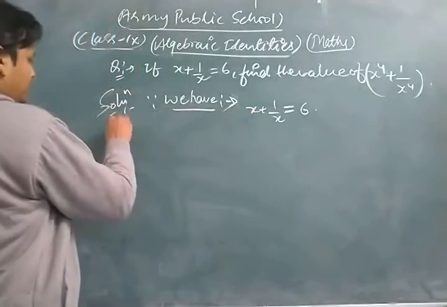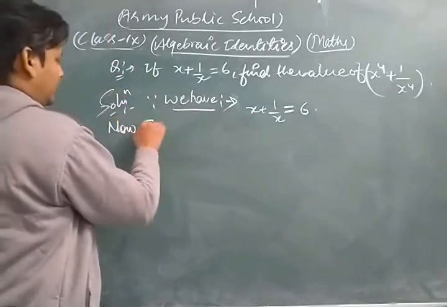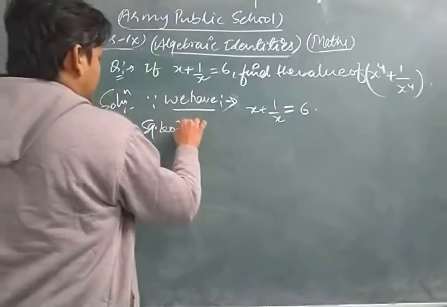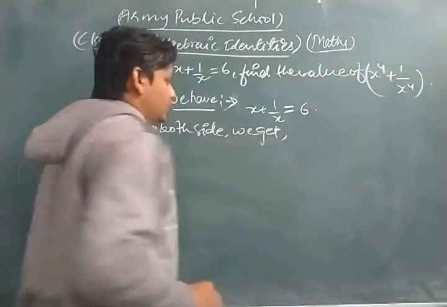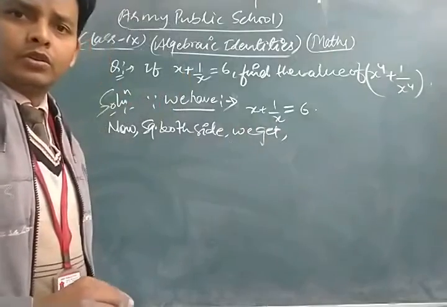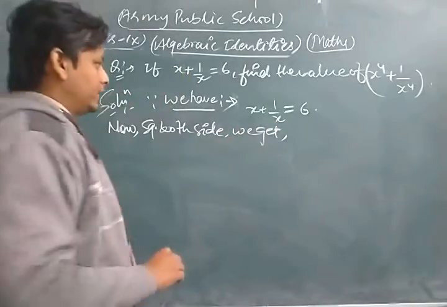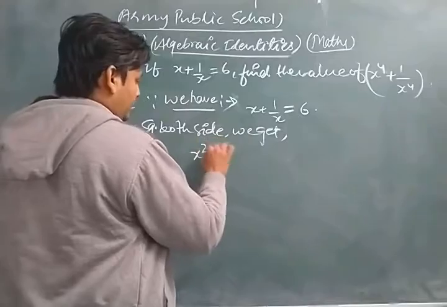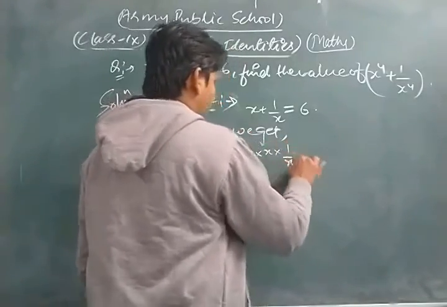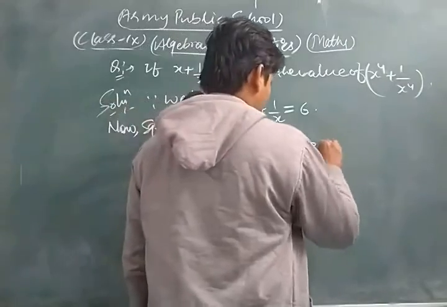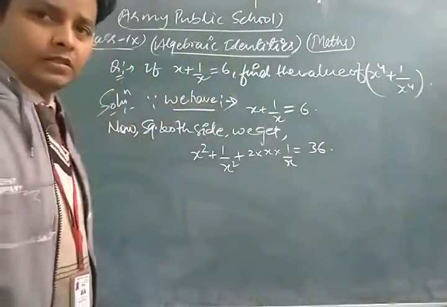Now, squaring both sides. Squaring both sides we get, look, a square plus b square plus 2 into a into b is equal to 36, because the square of 6 is 36.